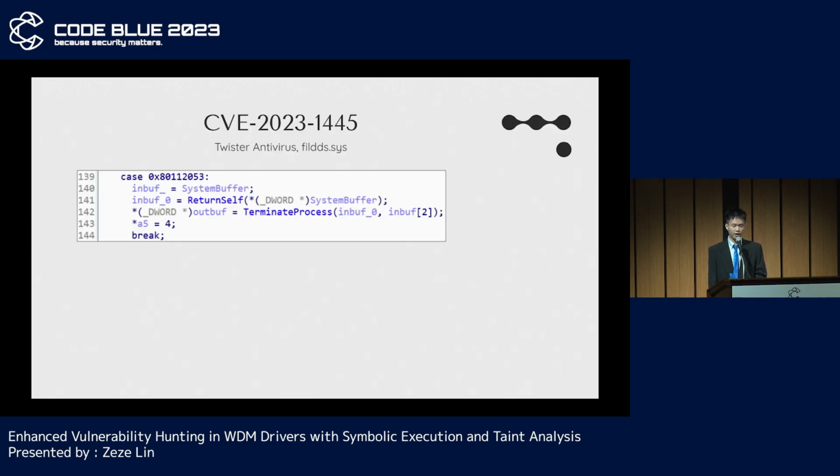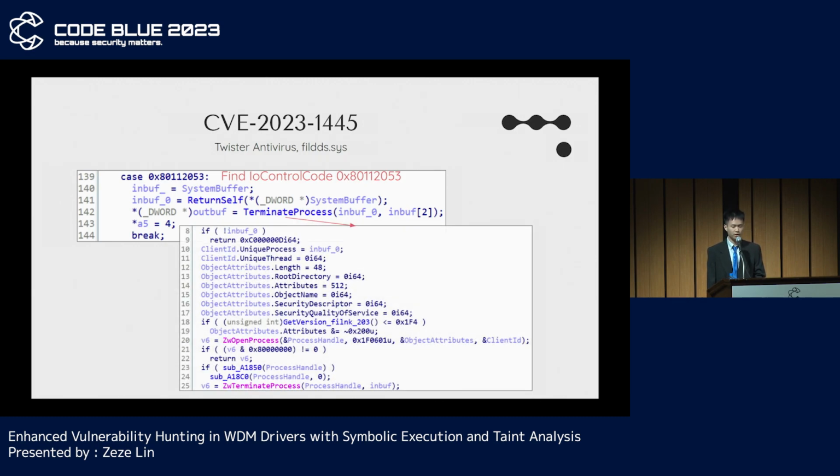Take a CVE in fil.dds from Twister Antivirus, hunted by IOCTLens, for example. In the specified IO control code, the program calls a function, which I name terminate process. In the function, we can see that the process ID in client ID is tainted by our input buffer, and the attributes in object attributes is not OBJ_FORCE_ACCESS_CHECK.